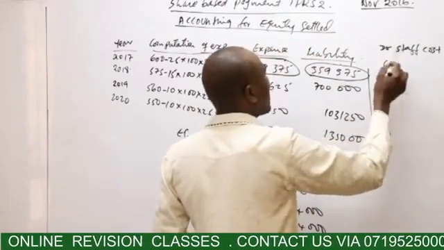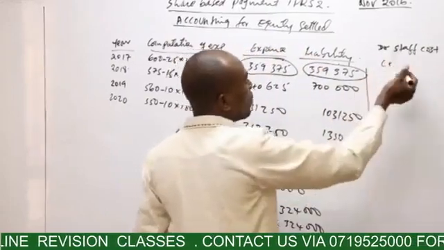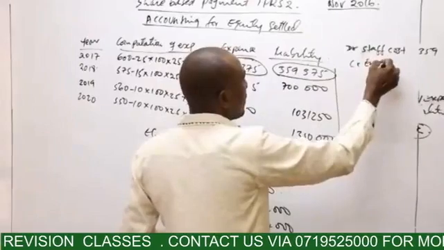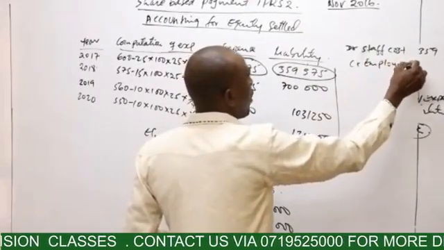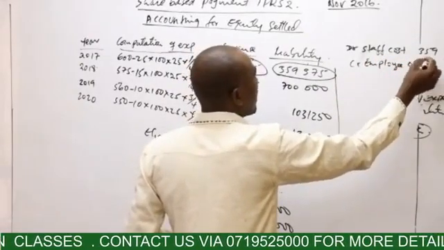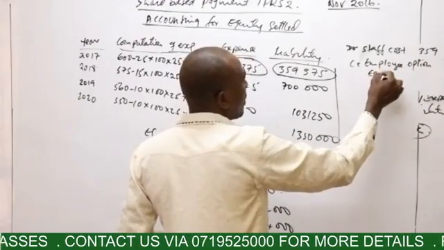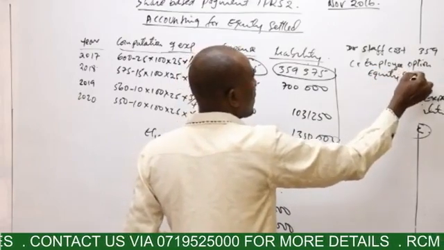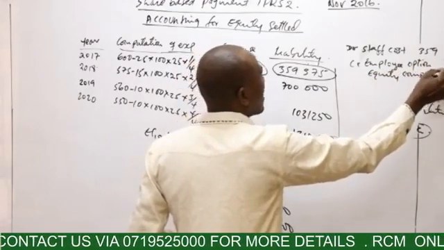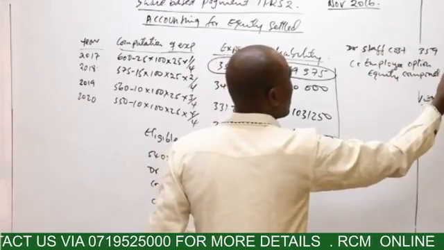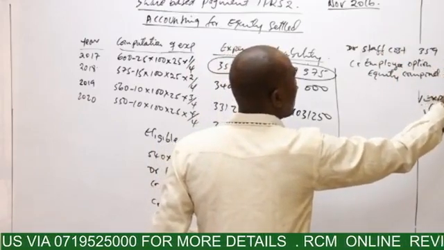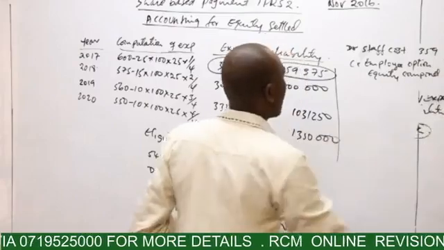Then you credit employee share option, or just the equity component, or just equity, with 359,375.